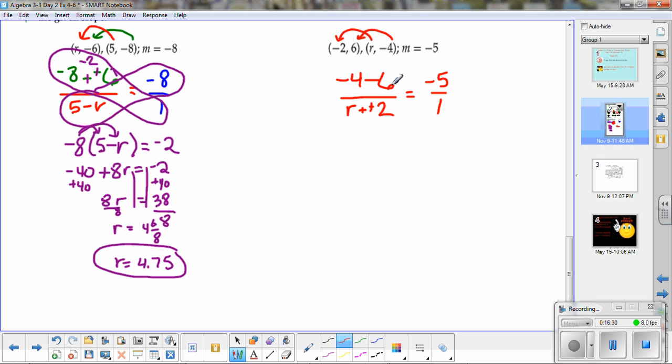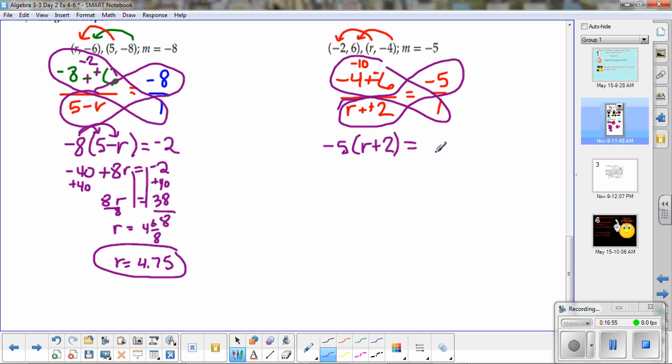Negative 4 minus 6 is really a negative 10. Now when we multiply diagonally, we're going to have negative 5 times the quantity r plus 2 equals negative 10 times 1 is negative 10.